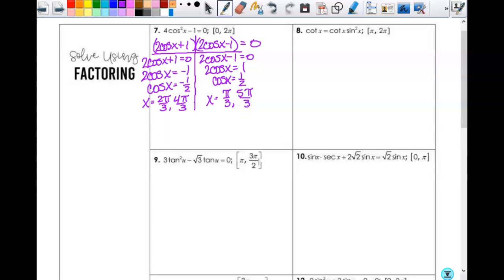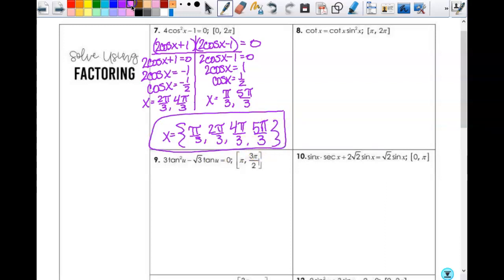So once you have your separate solutions, then you put them all together in order. So this would be pi thirds, 2 pi thirds, 4 pi thirds, 5 pi thirds. Okay. We good? What questions do you have?